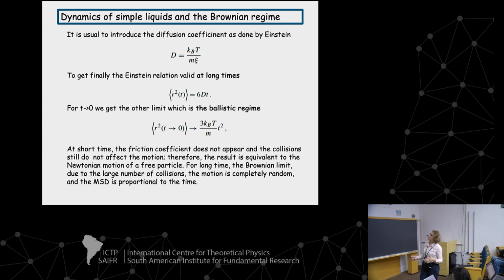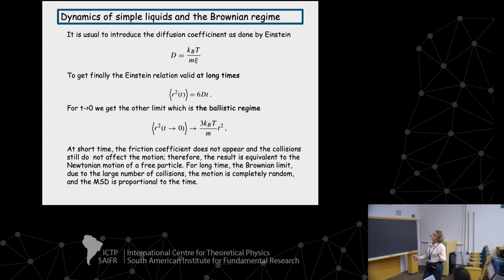So at short time, in fact, you have t squared because the friction coefficient does not appear. So the collisions still do not affect the motion. The particle moves as a free particle. Therefore, this result is equivalent to the Newtonian motion of a free particle.